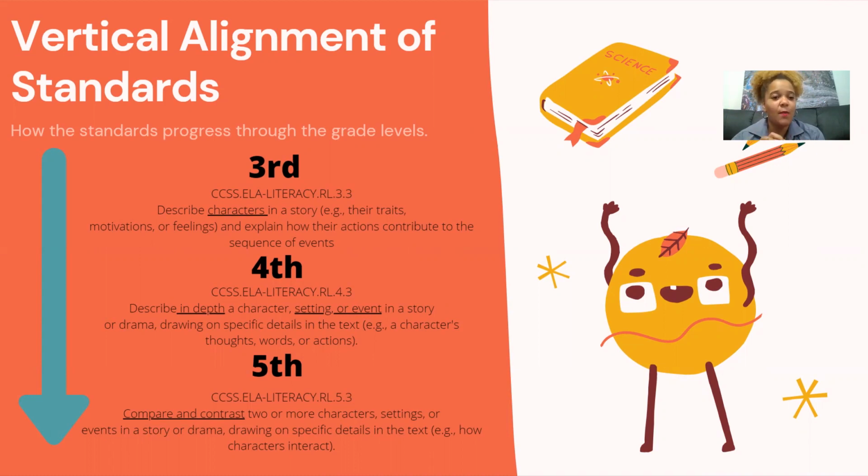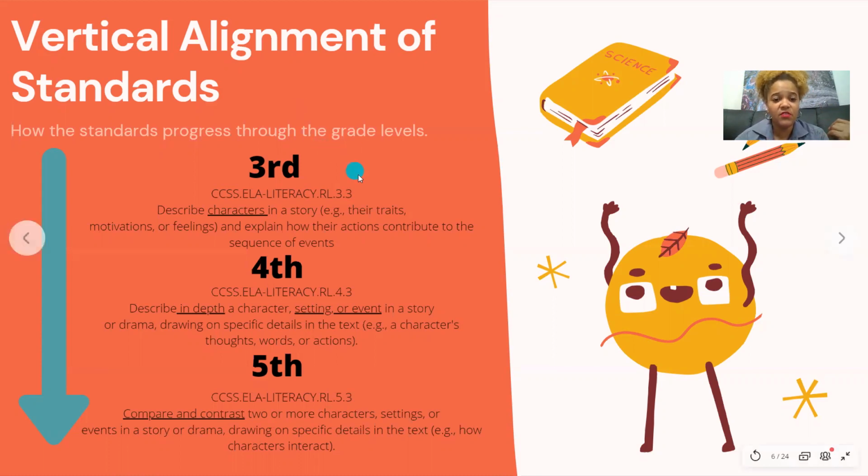Shout out to teaching in Texas, because we had our vertical alignment matrix, which were our curriculum guides that would show us the exact standard and how it progressed from first grade all the way to grade 12. Well, right here, I just took 3 of our ELA standards from the Common Core, and I looked at 3rd grade, 4th grade, and 5th grade.